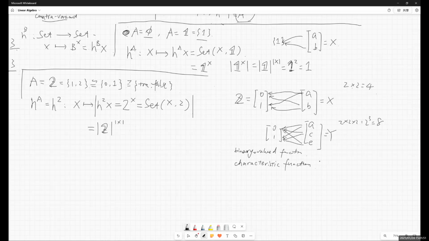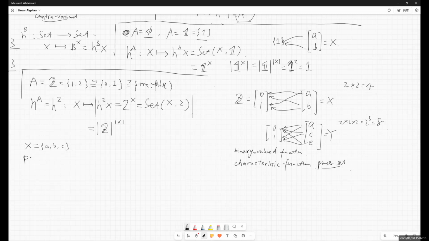If we define the function over the power set, so let's review the concept of a power set. Let X equal {a, b, c}.